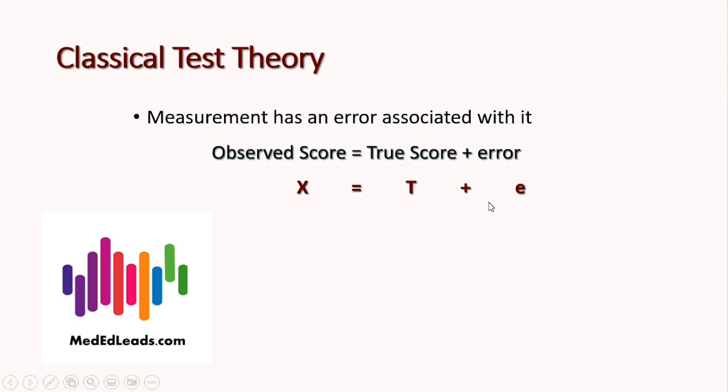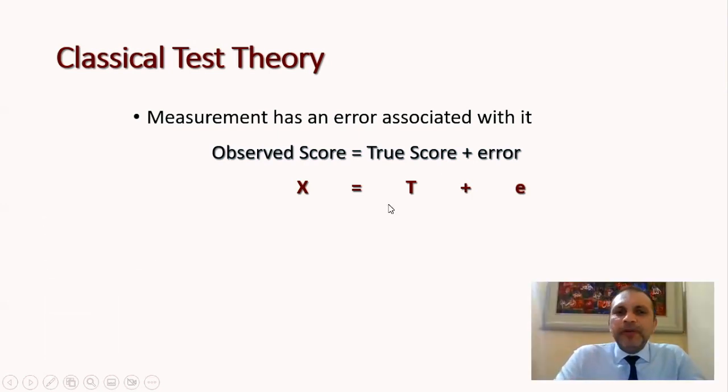And in comparison, if the rater, the examiner, is very stringent, a hawk, they will give very low scores, even below the true ability of the students. Here the error term is negative and the observed score will be lower as compared to the true score. And this is how, very simply, classical test theory attempts to explain it to us.